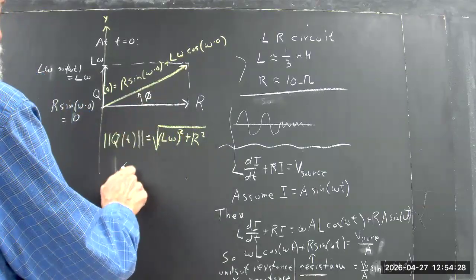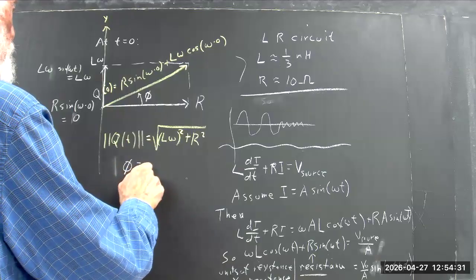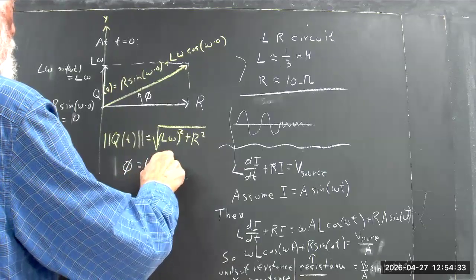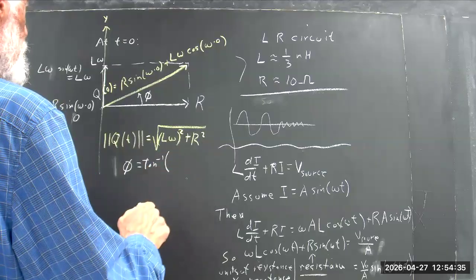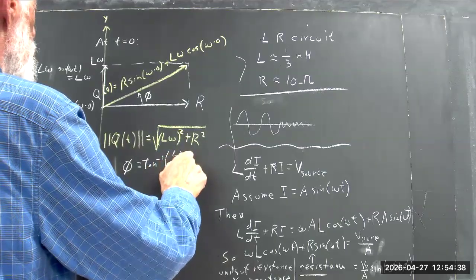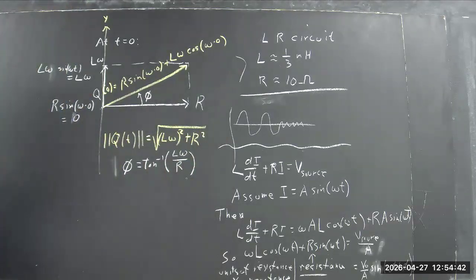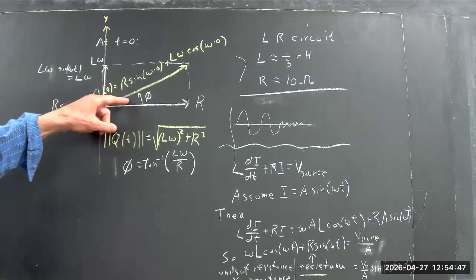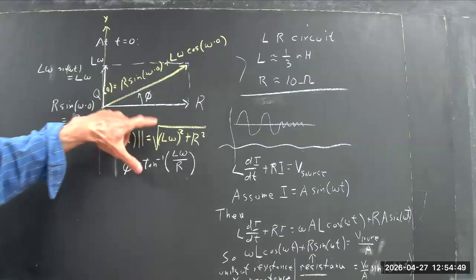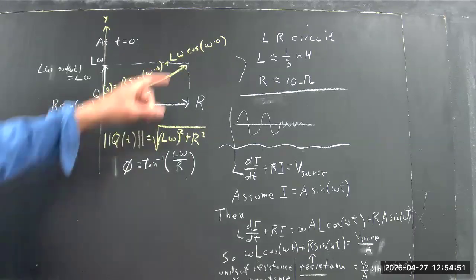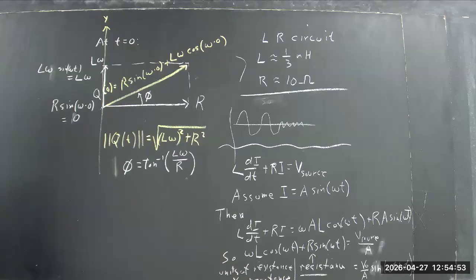Angle phi is the inverse tangent of L omega over R. It should be obvious. Phi is this angle, the tangent is the opposite side over the adjacent, or it's y over x. Okay? And hopefully that's totally ingrained, because you run across it a lot.